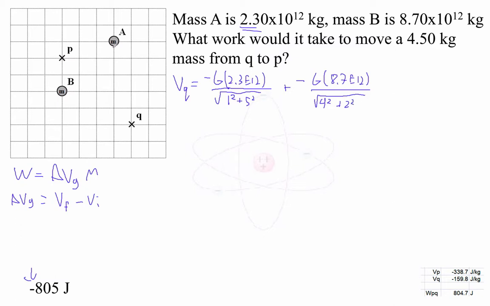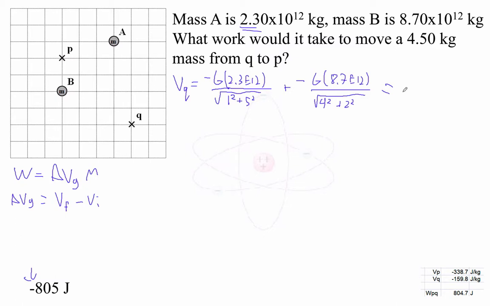All right, now let's just double check what we're doing here. 1 over 1, 2, 3, 4, 5, and then A is 2.3, so we got that. And then this guy is 1, 2, 3, 4 over 2 down, so we're good. All right, so let's plug that in.